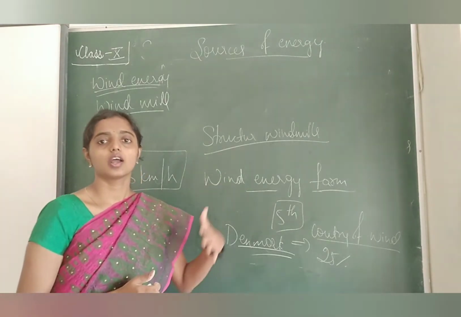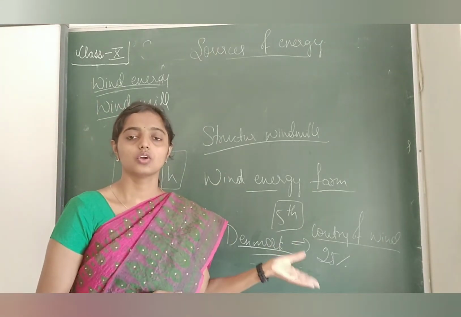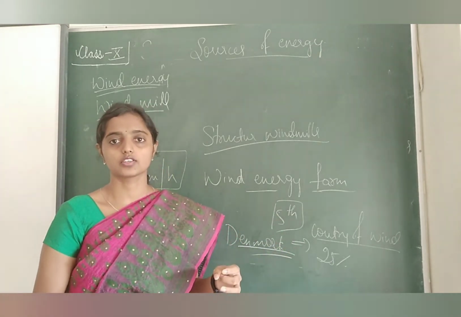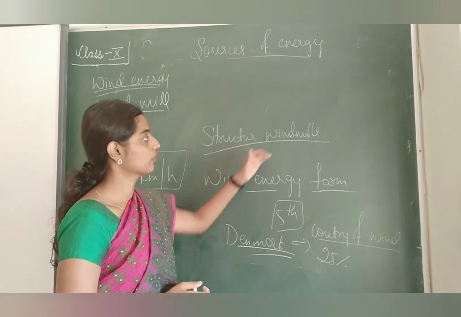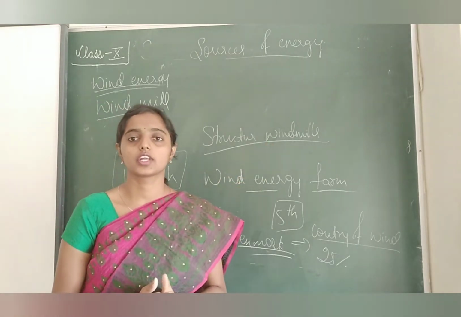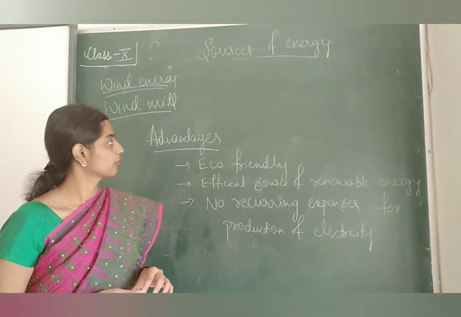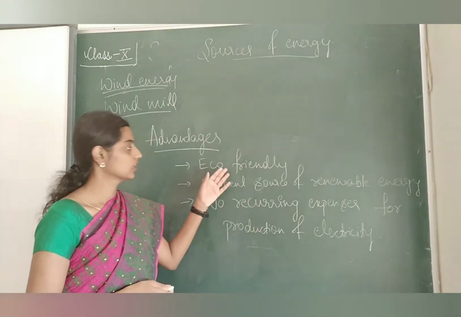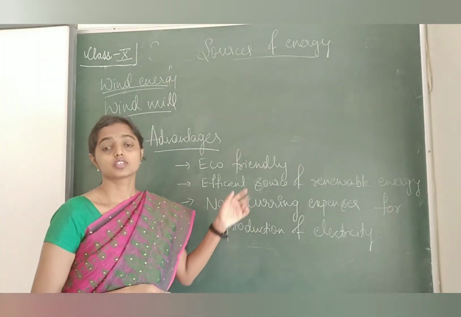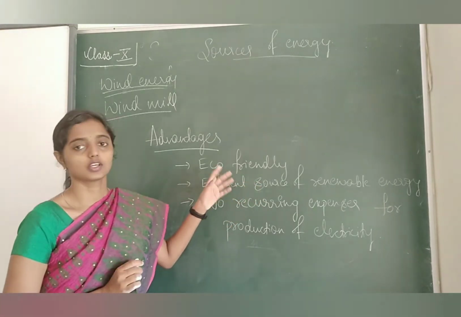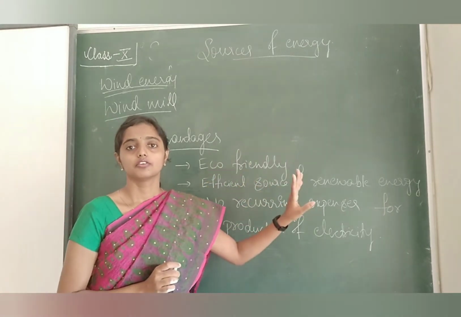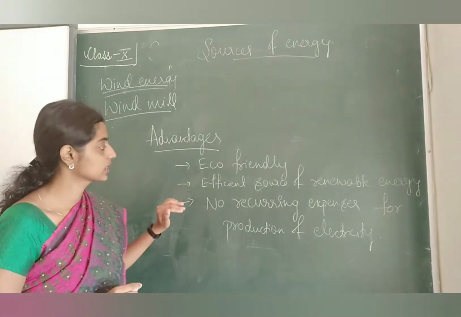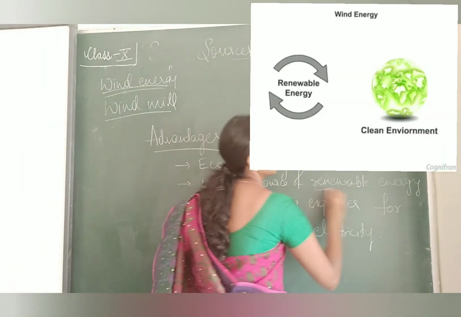Now, as we studied earlier also, each power plant has its advantages as well as disadvantages. Now let us study what are the advantages and disadvantages of windmills. Let's see the advantages of windmill. There are only 3 advantages. The first one is eco-friendly, which is the most important. It should be environmentally friendly, there is no pollution at all. And the next one is an efficient source of renewable energy.